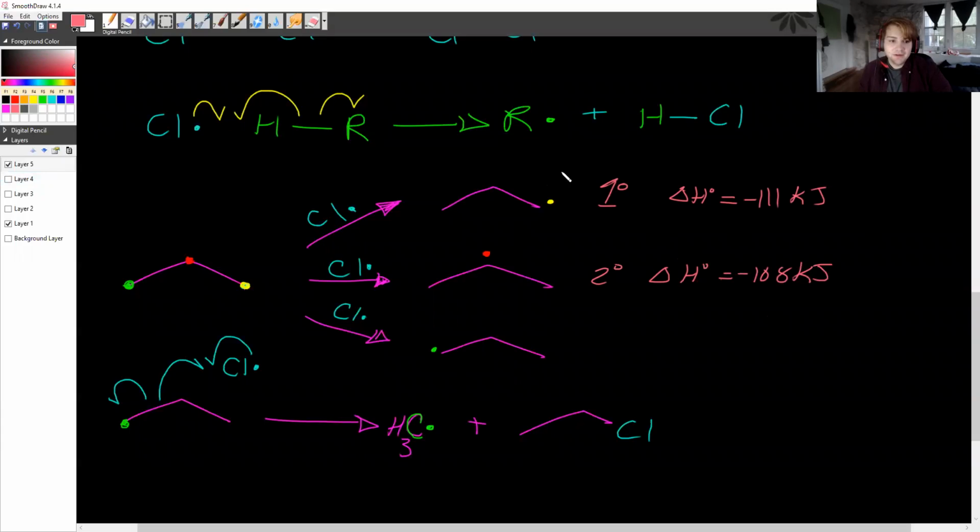So we're talking about practically the same amount of energy, whether it's a secondary radical or a primary radical. And this is why chlorine radicals generate pretty much 50-50 mixtures. Their reactions are about the same in energy, so of course it's going to generate a pretty close mixture, which is how we get that almost 50-50 mixture.